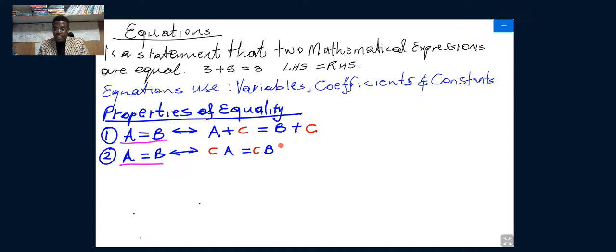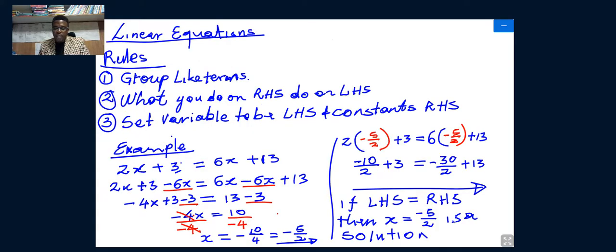If you add C or multiply C on the left-hand side and you don't do the same action on the right-hand side, it is no longer equal to the right-hand side. And therefore, it violates the properties of equality. This is one beautiful thing about mathematics.